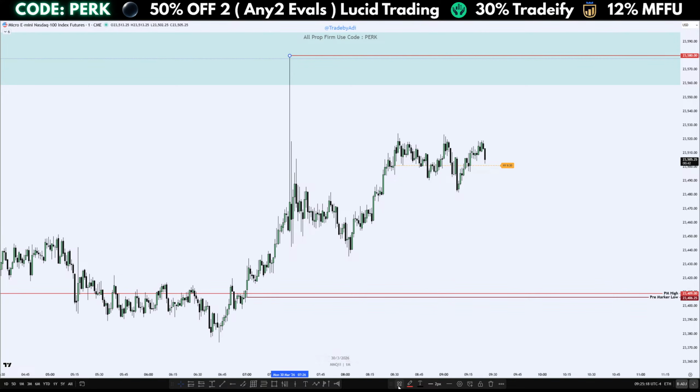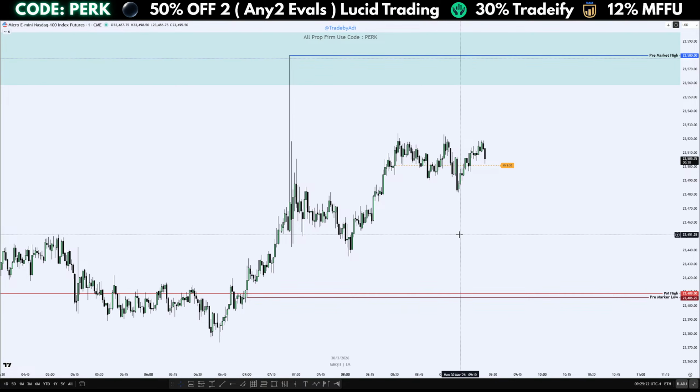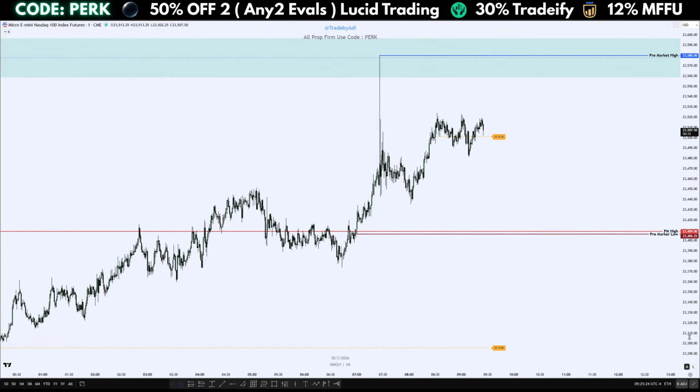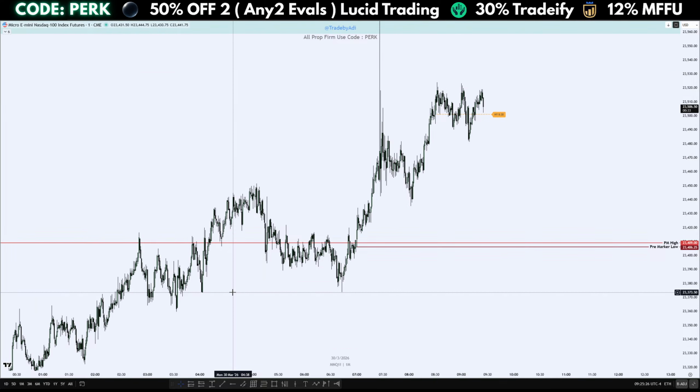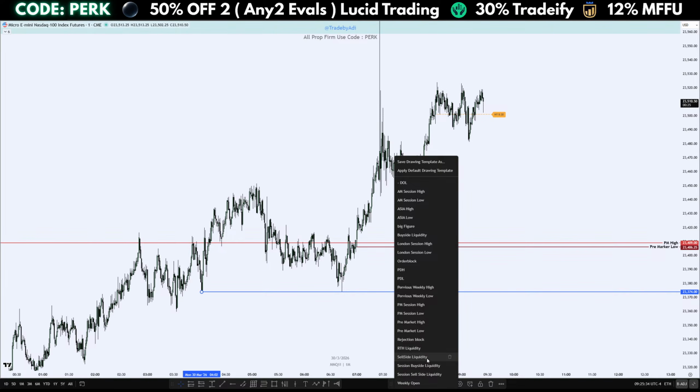This is the pre-market high. And also the one thing is, if you check, we do have these equal lows. This is the sell side liquidity.